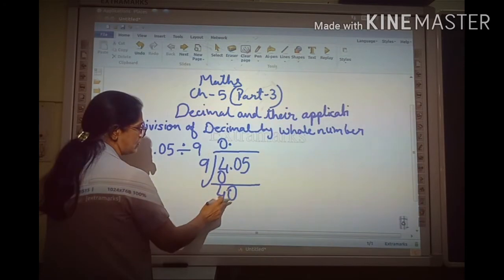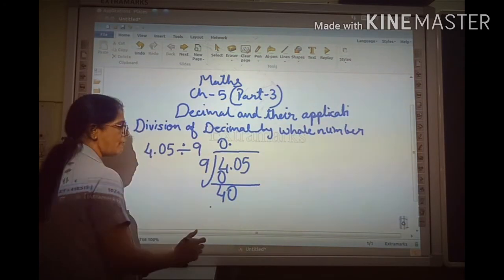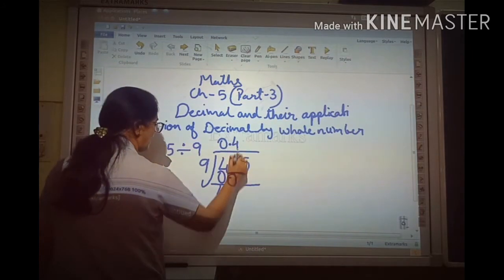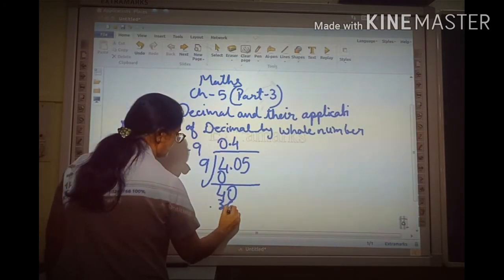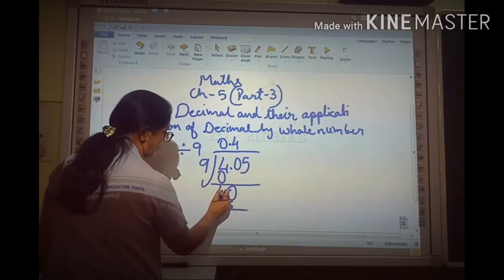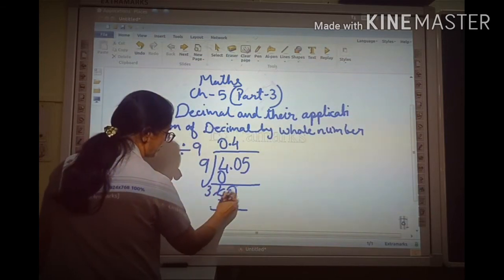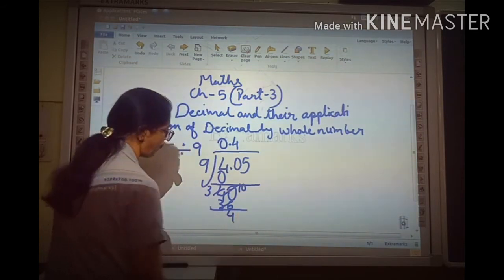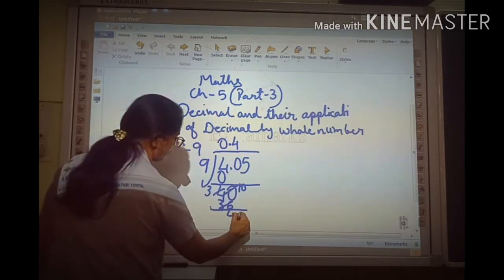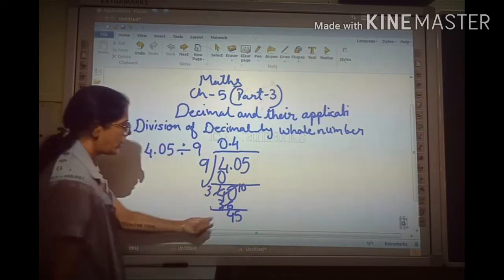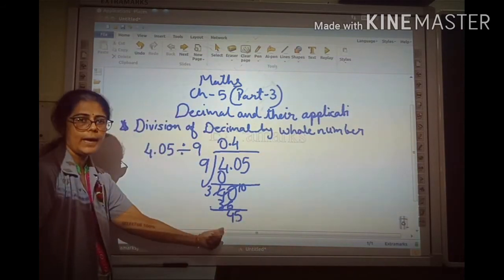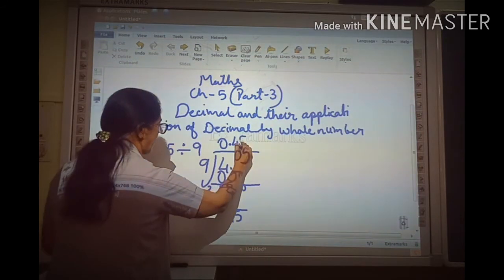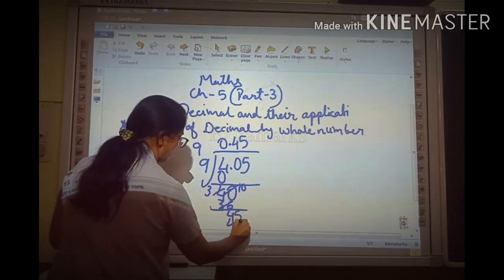Now 40 is not coming in the table of 9, so what I will do? 9 4s are 36, right? So here I have to subtract. 40 minus 36, I will get 4. Okay? Now I have to take down this 5. What I have got here? 45. So I can divide 45 by 9, so 9 5s are 45.